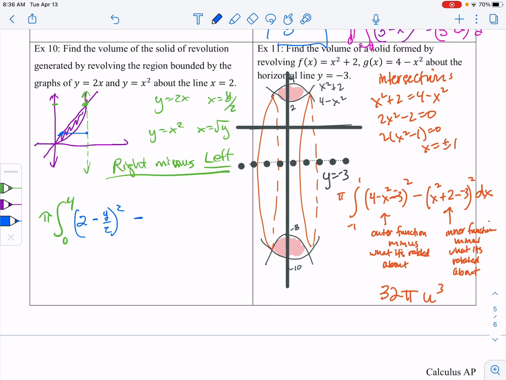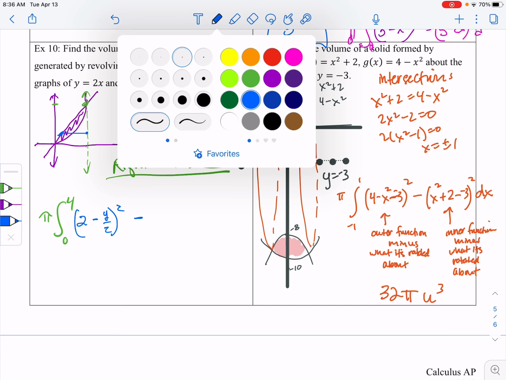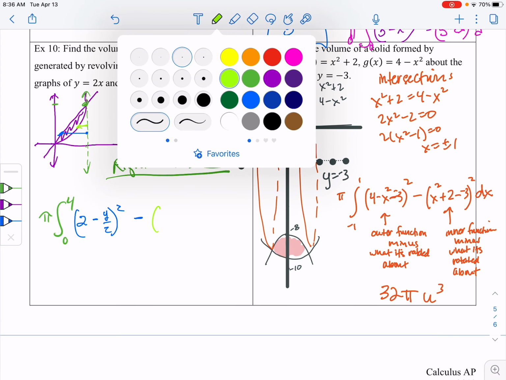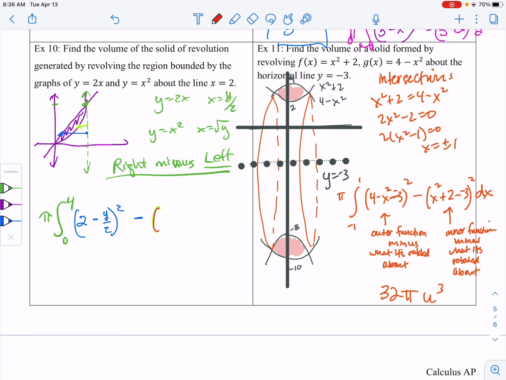And the little one is from here to here. Let's do red. It's 2 minus the square root of y, squared. So this is big, little, right minus left. I don't have the answer to that, so you get to look it up. Okay?